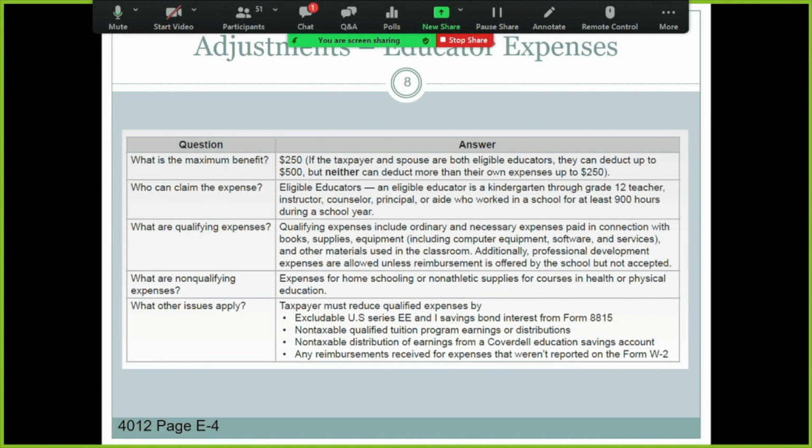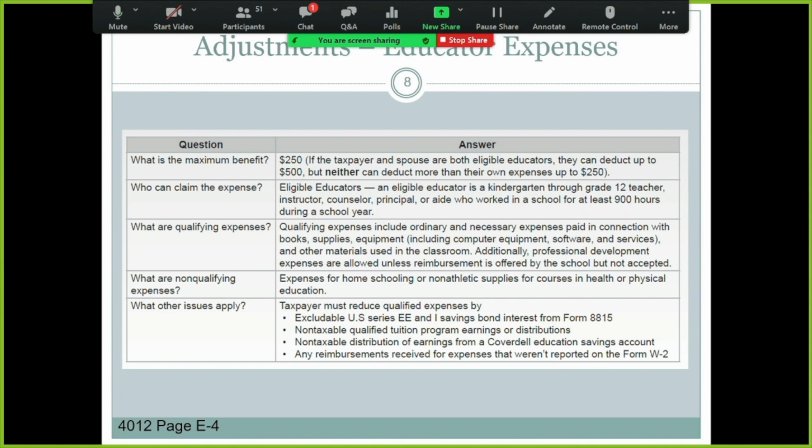Additional professional development expenses are allowed unless reimbursement is offered by the school but not accepted. What are non-qualifying expenses? Expenses for homeschooling or non-athletic supplies for courses in health or physical education.